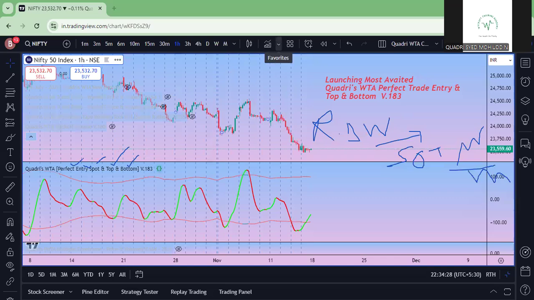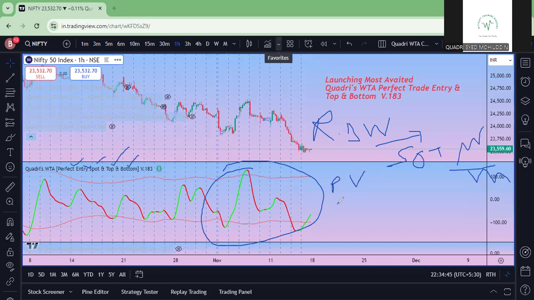After very delicate and prolonged work, this entire tool incorporates price and volume.